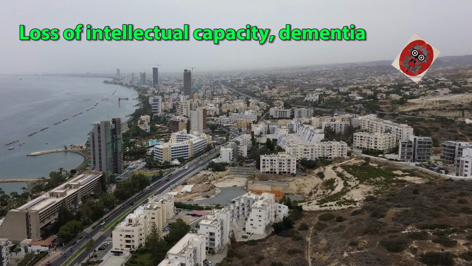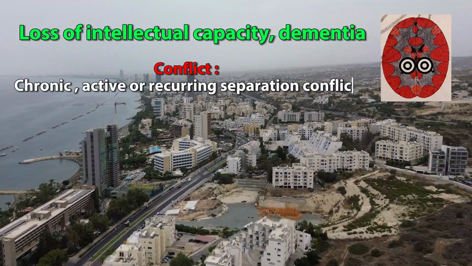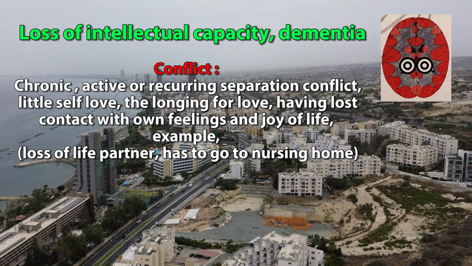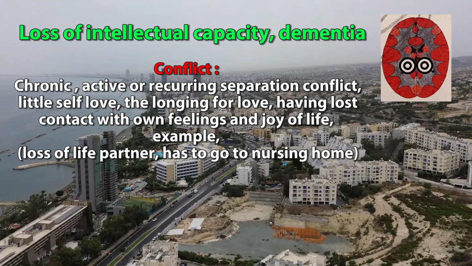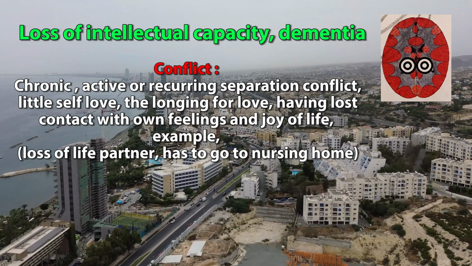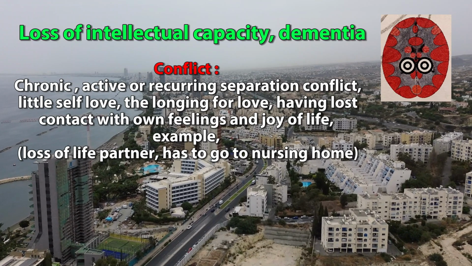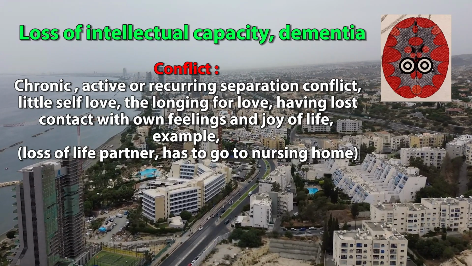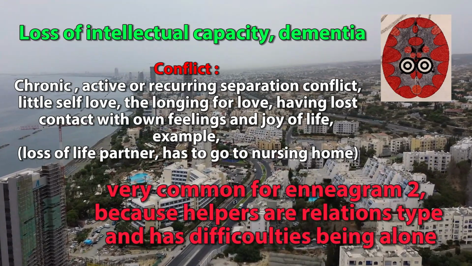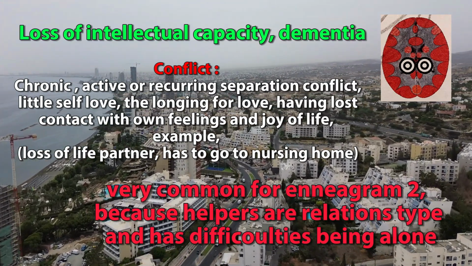Loss of intellectual capacity, dementia. Chronic, active or recurring separation conflict, little self-love, the longing for love, having lost contact with own feelings and joy of life. Example: loss of life partner, has to go to a nursing home. Very common for Enneagram 2, because helpers are relations type and have difficulties being alone.